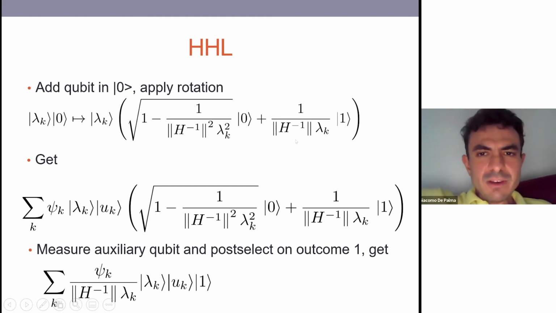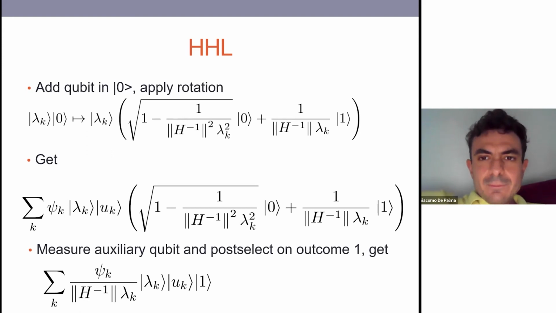So the rotation will be the following one. You can check that this vector is normalized, like the sum of the squares of the coefficients is 1. And the idea is that we want the amplitude of the state 1 to be proportional to 1 over lambda, and the amplitude of the state 0 is whatever we need to keep the normalization of the state.